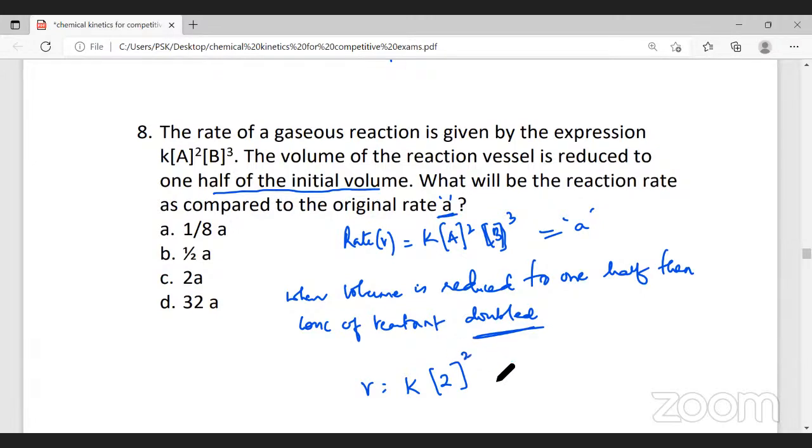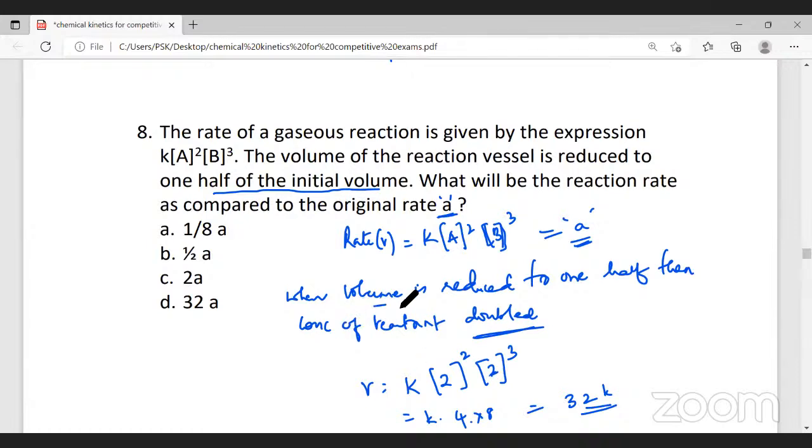So 2 square. And again, the concentration of B is also doubled, so I write 2 to the power 3. So what will I write? K into 4 into, what is 2 cube? 2 cube is 8. So it will be 32K, or 32A. The initial rate is A, the final rate is 32A.